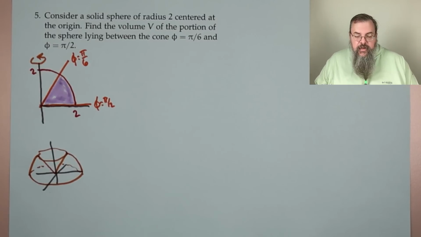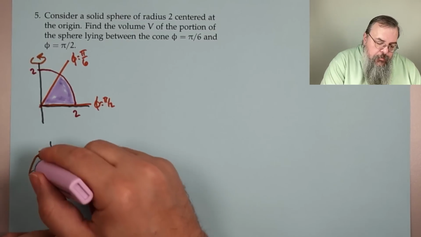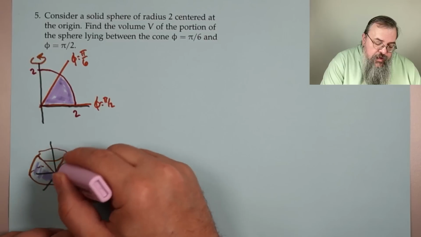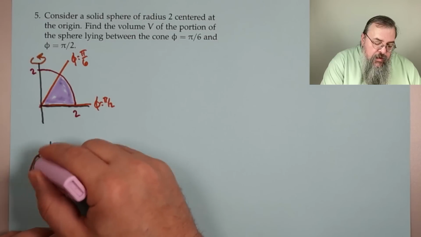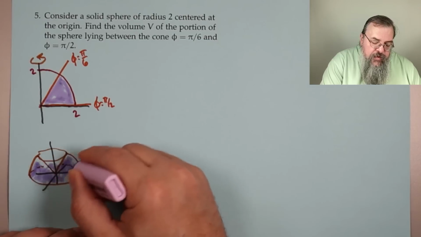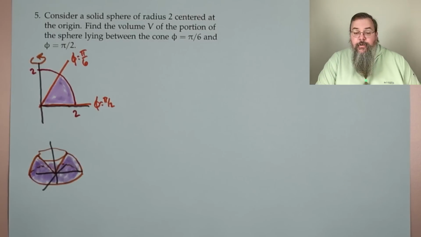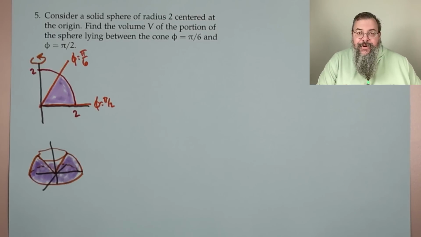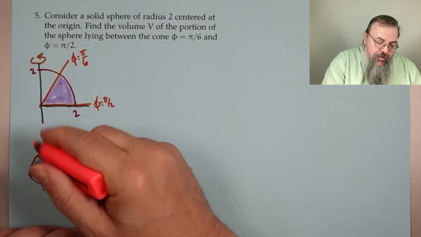All right, and cool. Now, how do we proceed? Well, we know what setting we're in, right? Because what do we see here? We see that we have things described using phi. So as soon as we saw a phi, it's like we know where we're going. We're going to be going into spherical coordinates because that's the only place where we see phi.